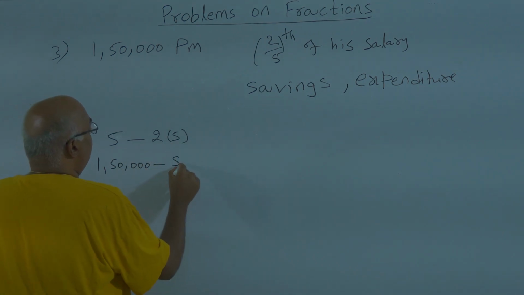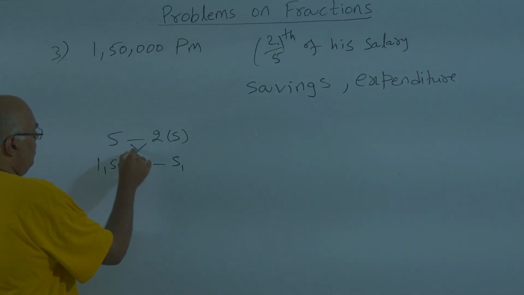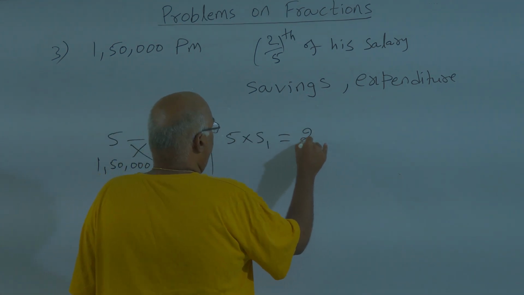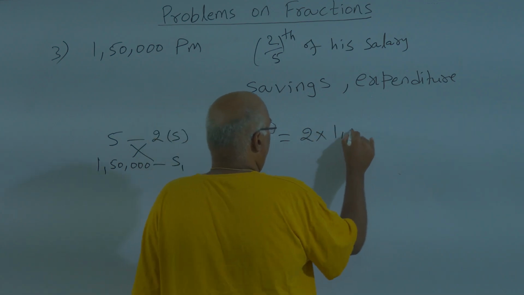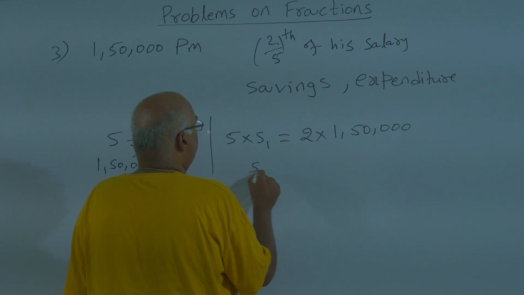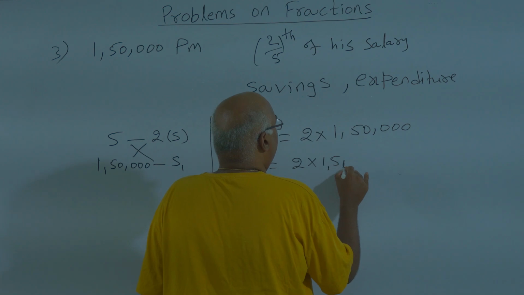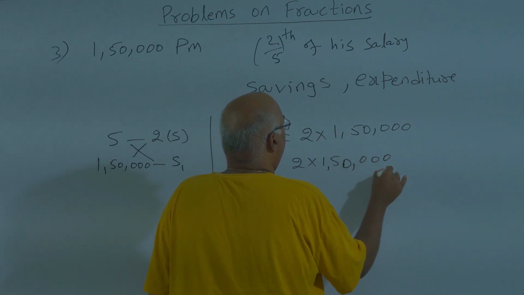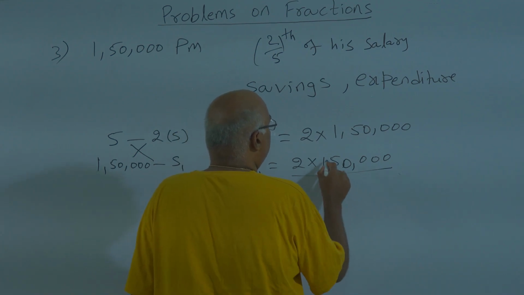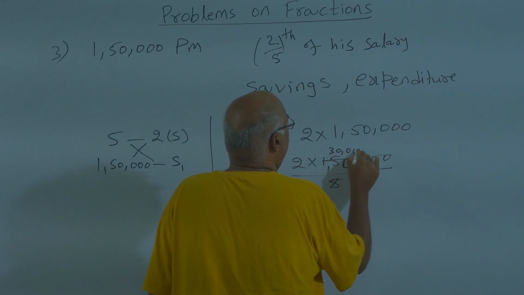Let us say S1. Now cross multiply. 5 into S1 is equal to 2 into 1,50,000, or S1 is equal to 2 into 1,50,000 by 5. So 5 goes 30,000.